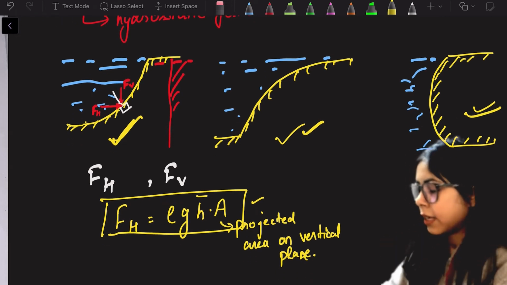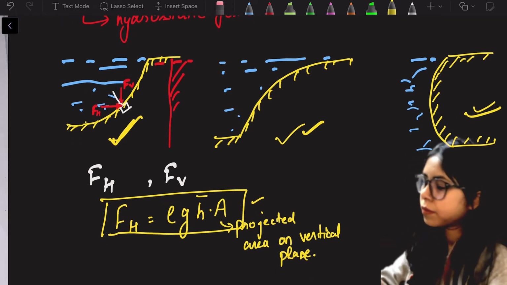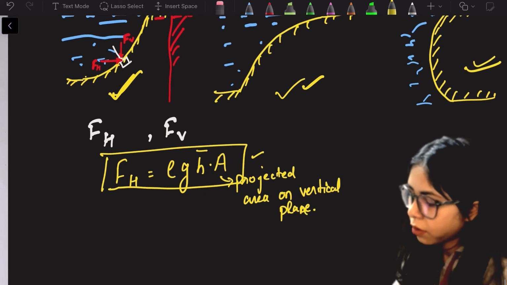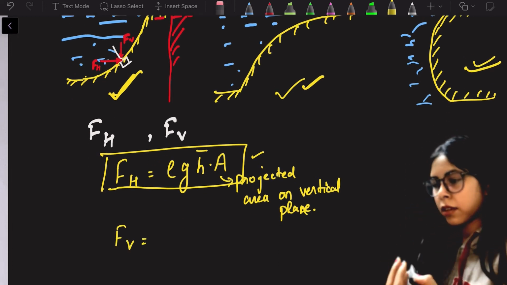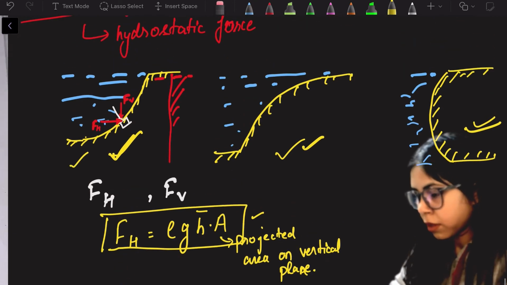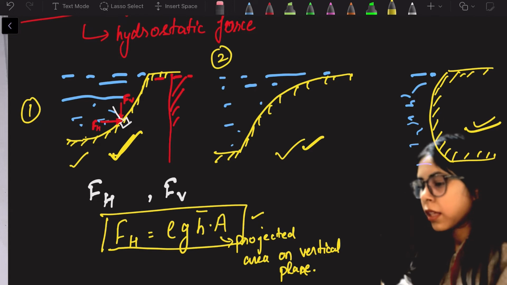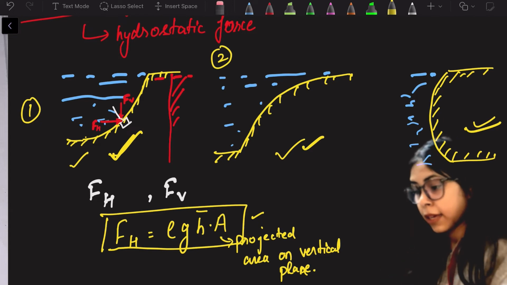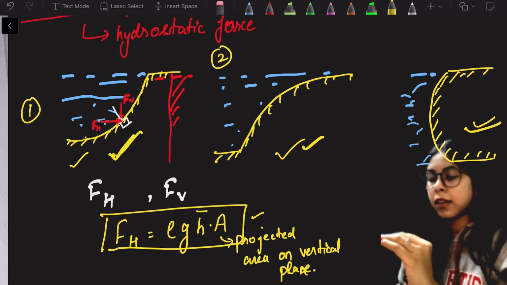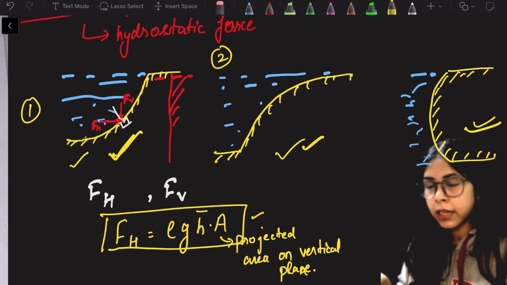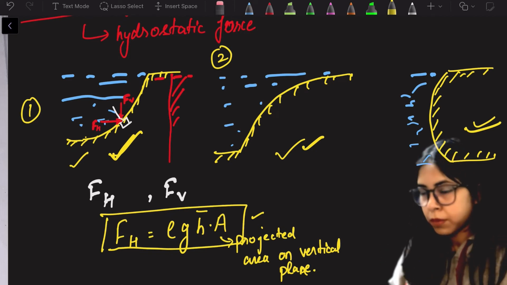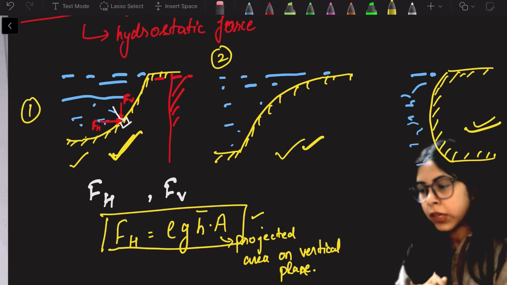Like, let's say for vertical forces, horizontal force is this, and vertical force, for the particular case number 1 and case number 2, is nothing but the weight of the water that this particular curved body is supporting.